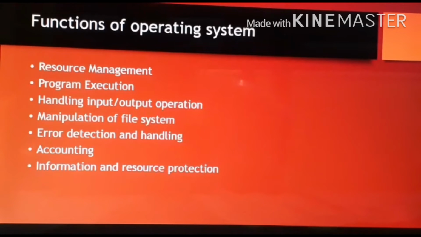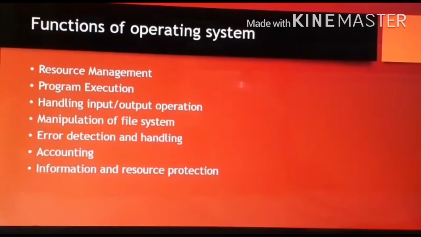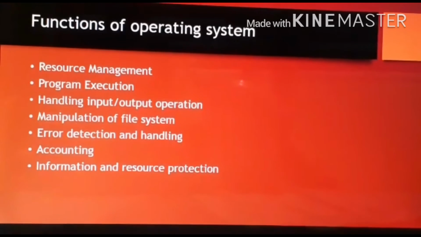Where this input is coming from, and where this input is to be saved, either in RAM, or CD, pen drive or hard disk, that is to be decided by the operating system. And how a particular file is to be stored, I mean total memory management, is handled by the operating system with the help of files.